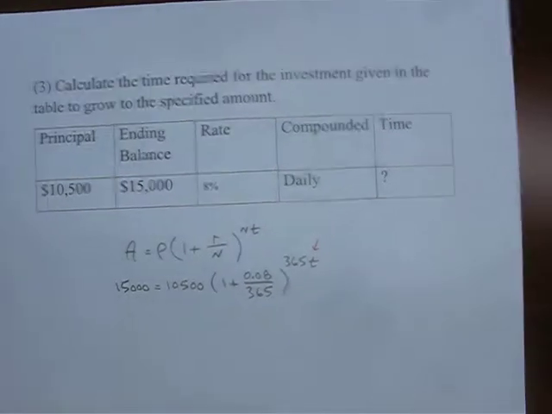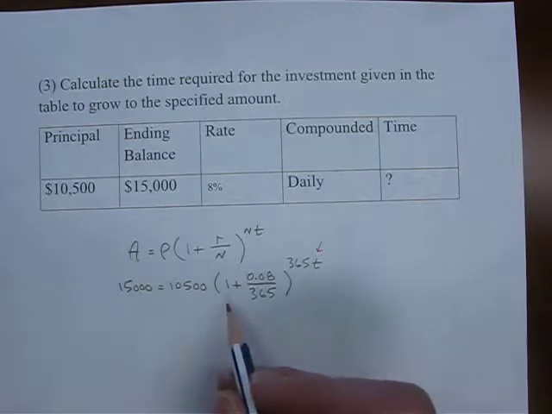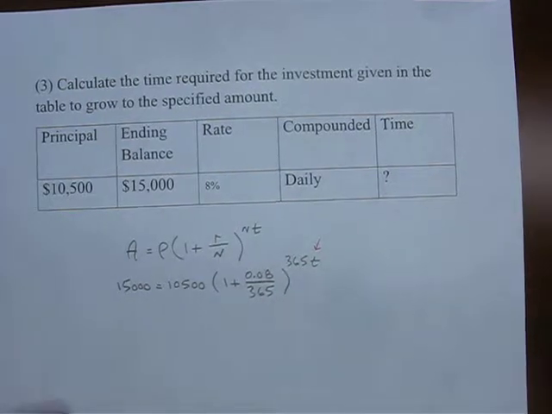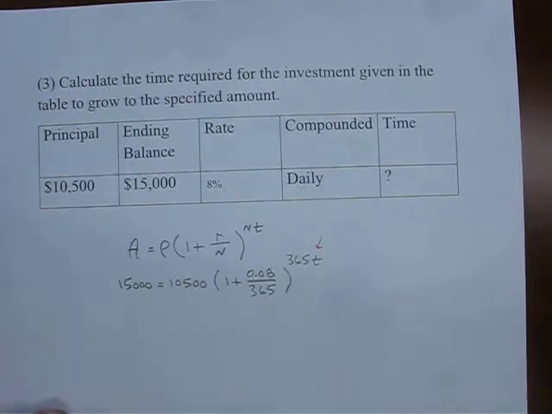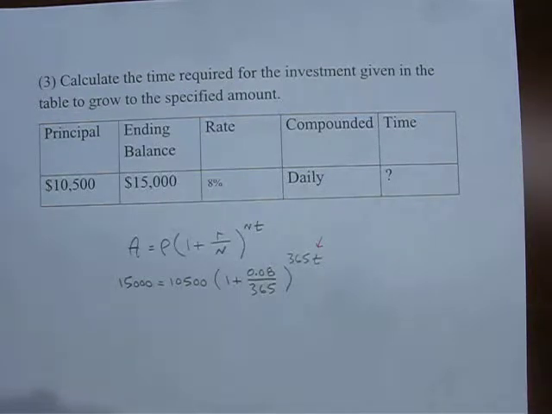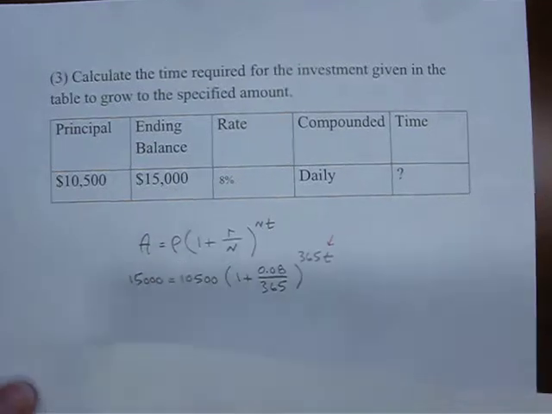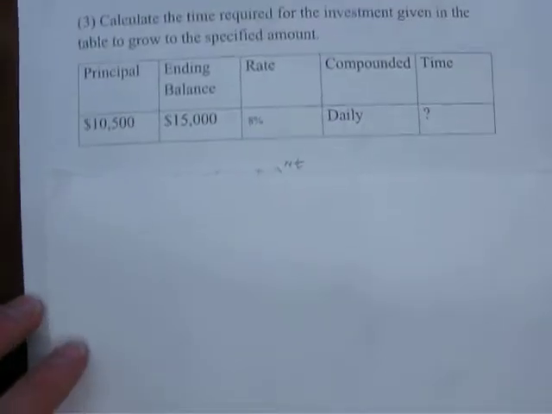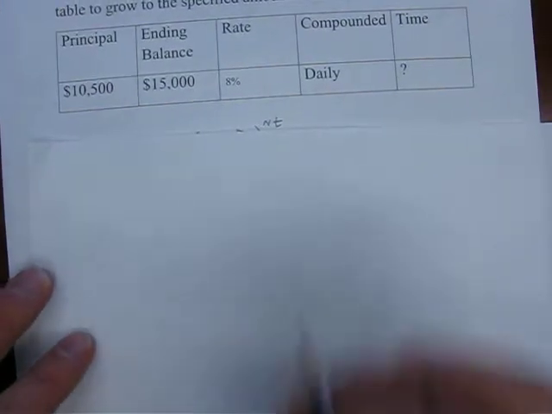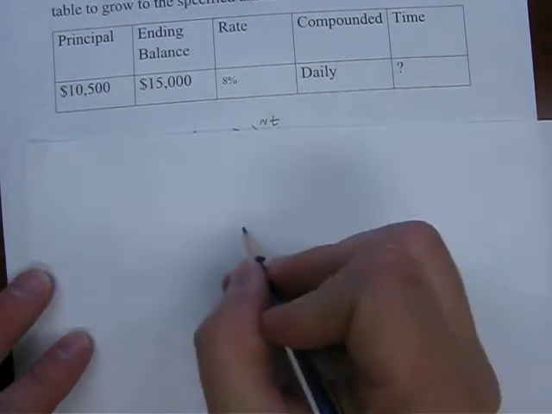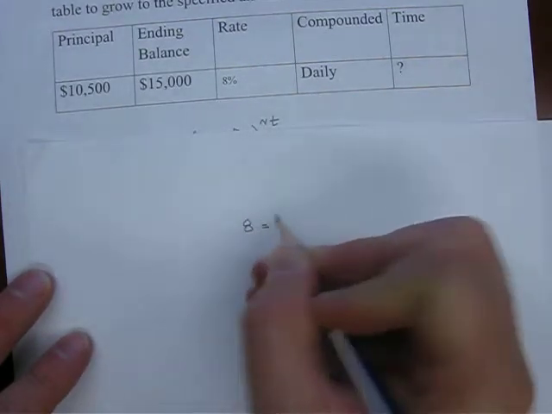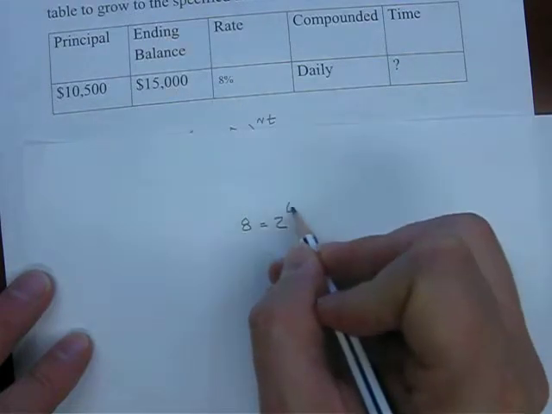Well, our trick for doing that is going to be like this. I'll give you an analogy real quick. We'll pause that problem and I'll show you something else. Suppose that I had this problem: 8 is 2 to the t power.